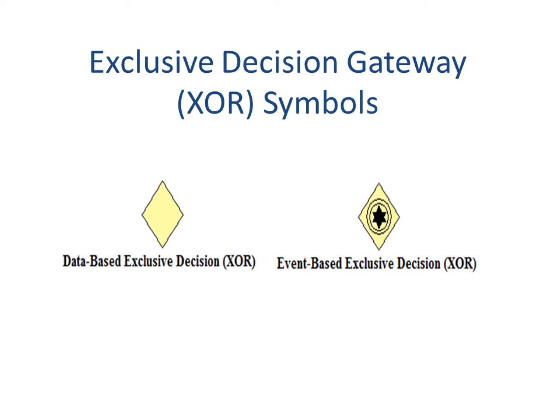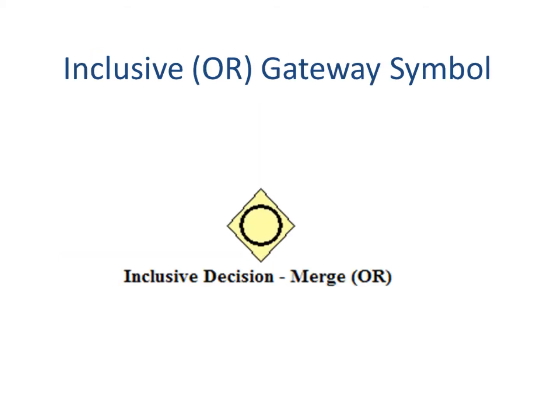The data-based exclusive gateways are the most commonly used type of gateway. The inclusive gateway OR can be used to model inclusive decisions, or it can be used as a merge. It represents a branching point where alternatives are based on the conditional expressions contained within an outgoing sequence flow.